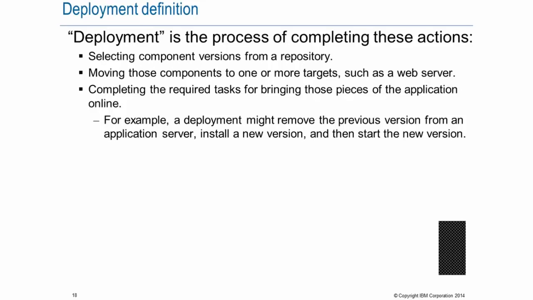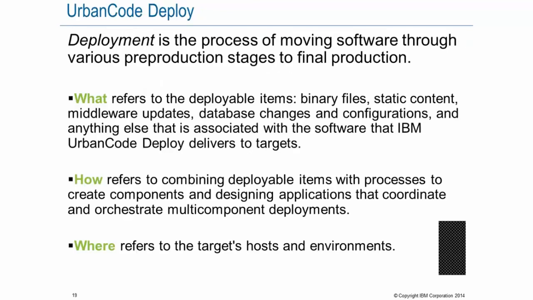So, for Urbancode Deploy, the deployment is the process of moving that software from, say, a dev environment, a UAT environment, all the way through production. And it's the what, the how, and the where. What referring to those deployable items, whether they're binary files, they may be web content, they may be middleware updates, like JVM settings on WAS.